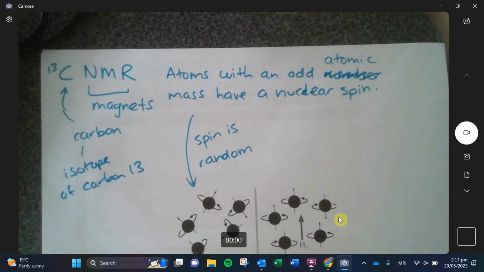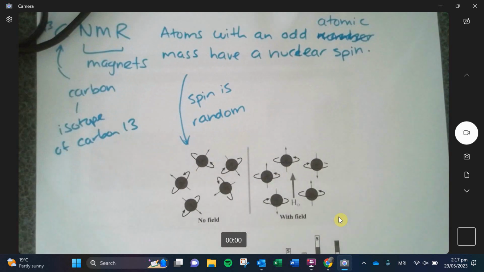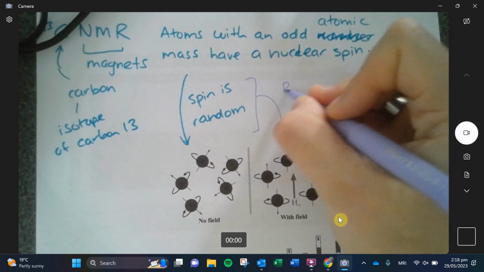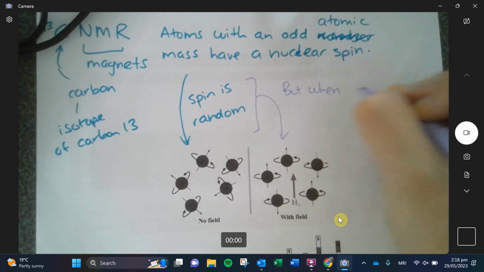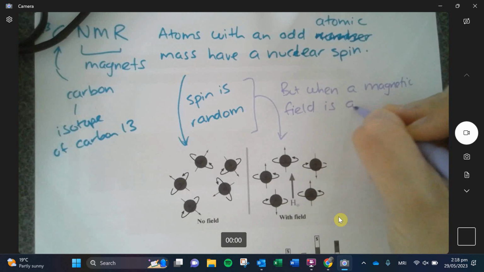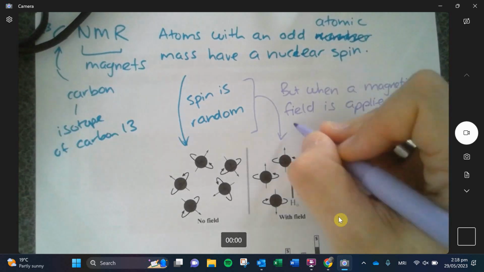Now, what I can do with my atoms is I can start applying a magnetic field. And when I apply a magnetic field, I can get my nuclei to spin in the same direction. So that's the other thing that we have to keep in mind. The spin will align.